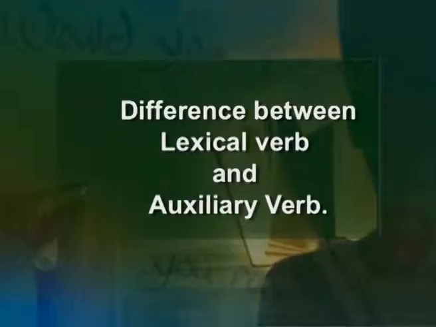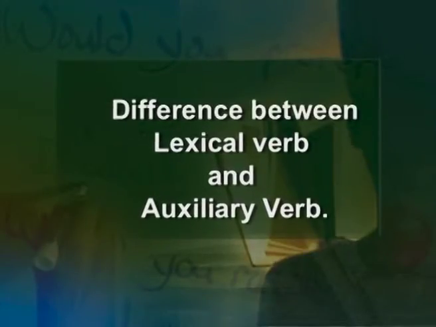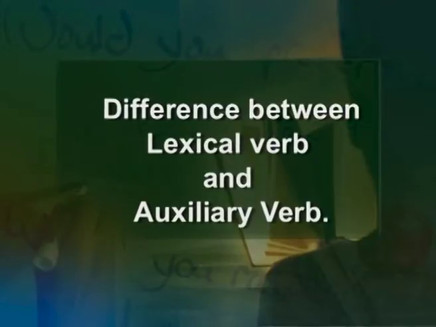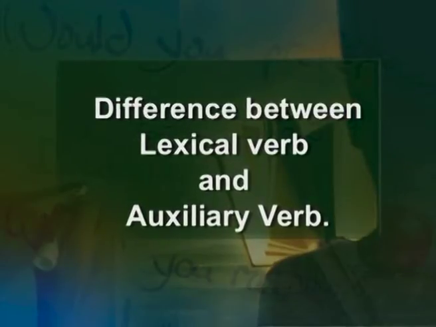So, we can see that whenever there is a main verb and before that it is preceded by the words of existence, position and doing, those verbs are auxiliary verbs or helping verbs. We need to understand the difference between the lexical verbs and the auxiliary verbs.